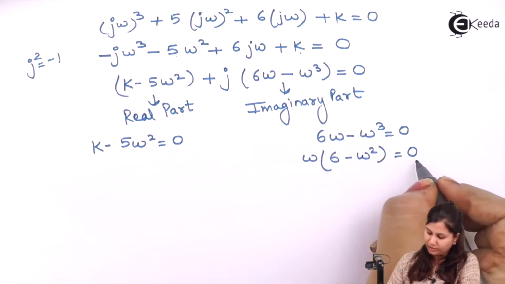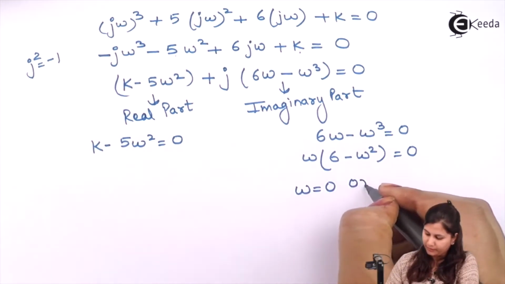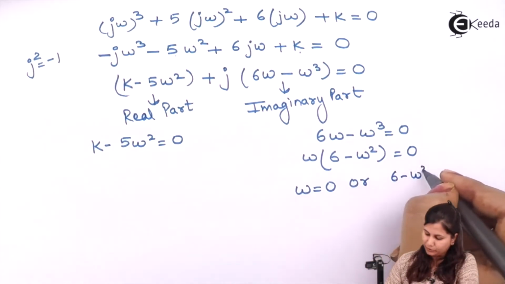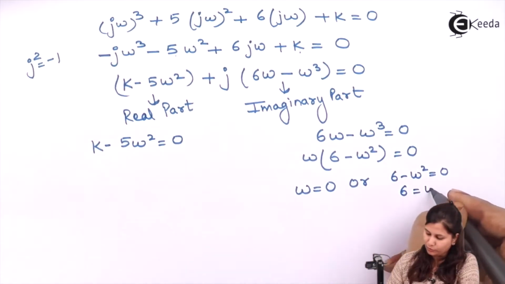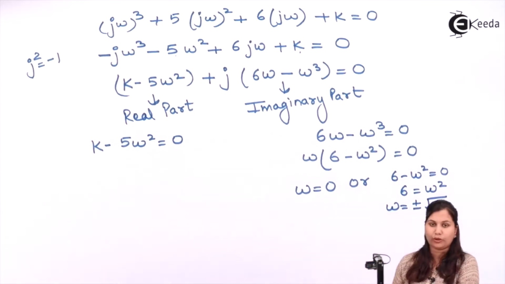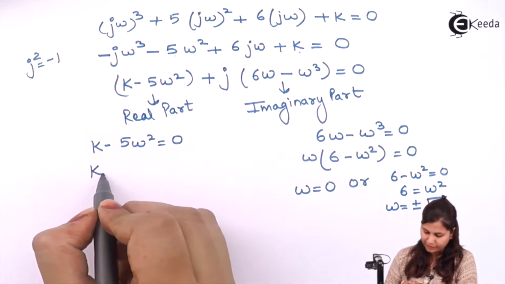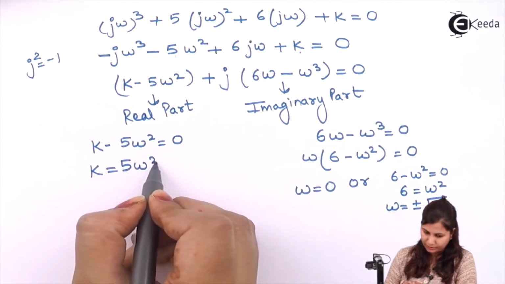So when we equate it to 0, we get two values: omega equals to 0 or 6 minus omega square equals to 0. 6 equals to omega square. So omega will be equal to plus minus root 6. Putting here, we have K equals to 5 omega square.